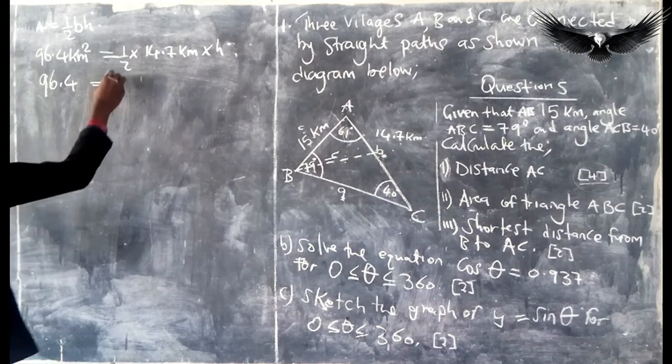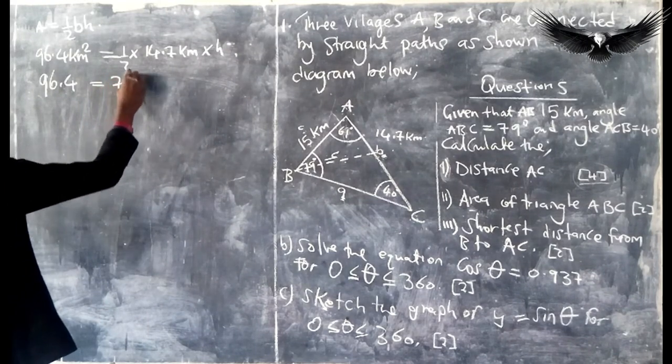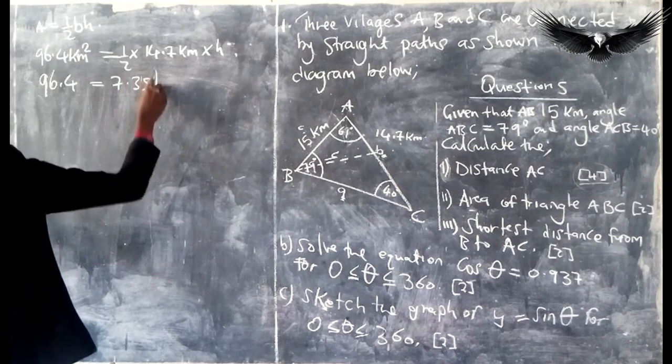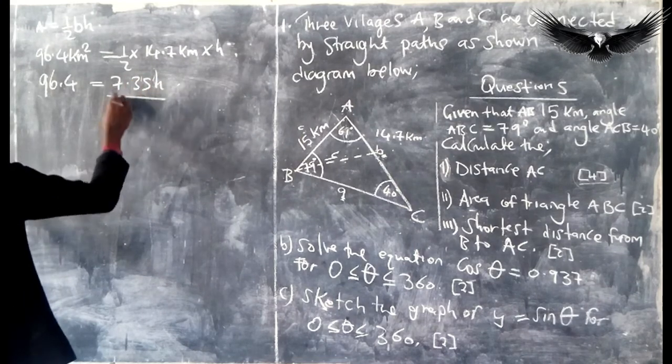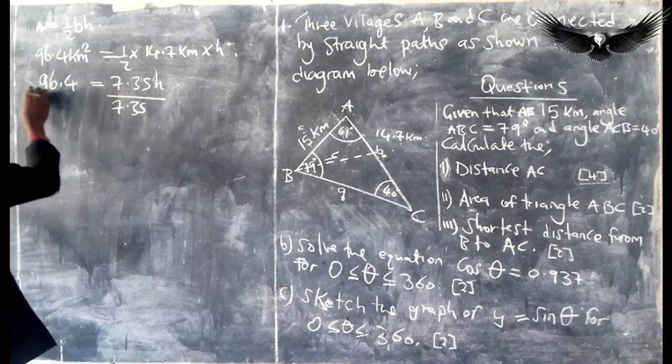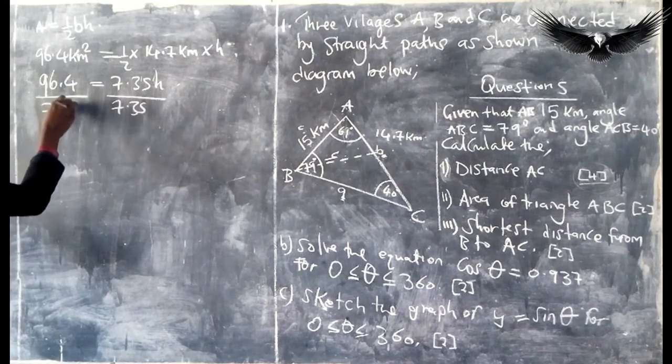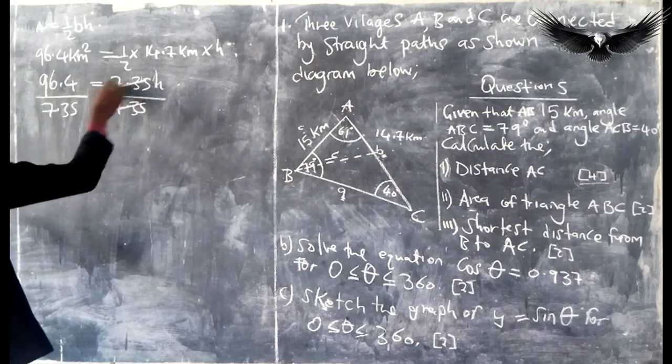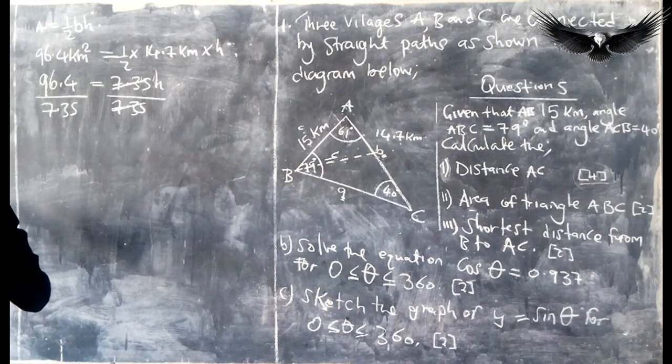This one is giving us 7.35 times h. And we divide by 7.35. Then this side we divide by 7.35, this one and that one. And we are saying 96.4 divided by 7.35.